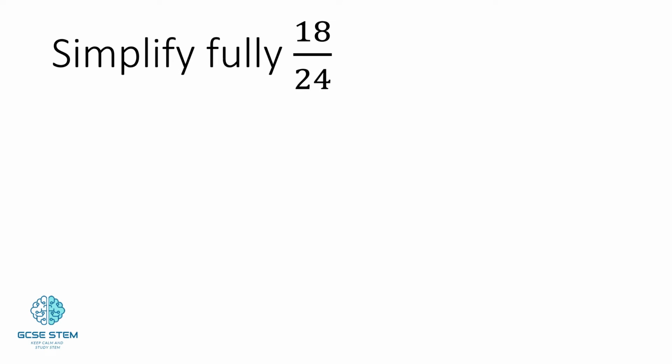So if we take a look at our first example, it says, simplify fully 18 over 24. So if we were to write 18 over 24, excuse my messy handwriting, the way we would simplify this fully is to think of the highest common factor that can go into 18 and 24.